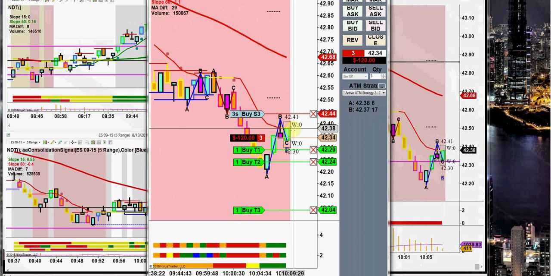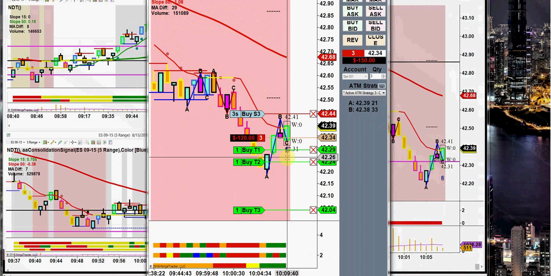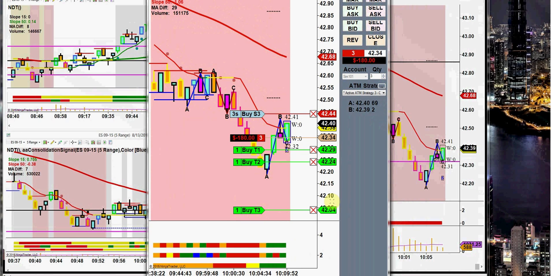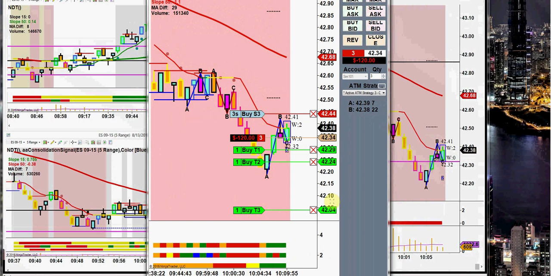Let's see if this can act as some resistance here and push us back down. A close on an up close.